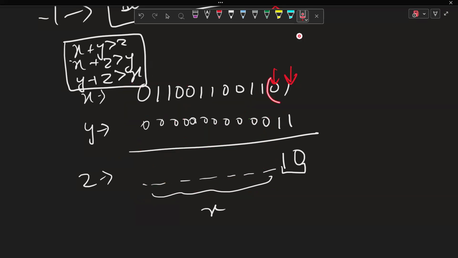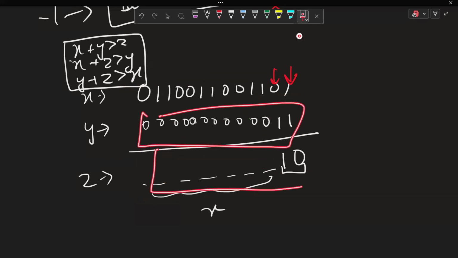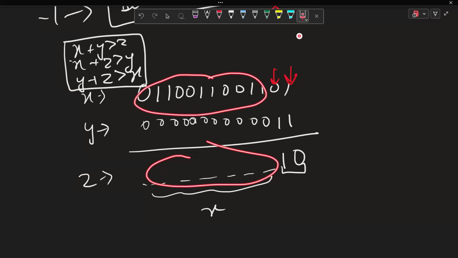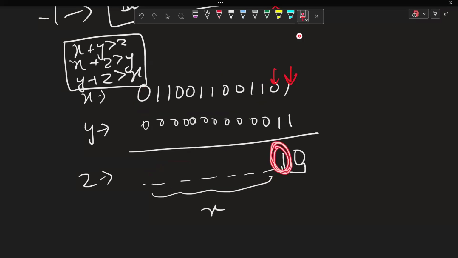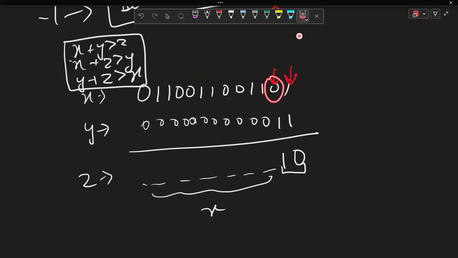Now, when you add the contribution of this, for this x, when you add y, the z that you get is the same as x up to this much, and this position is greater than x. This y has a 1 here. So when you add x plus y, for this position 0 plus 1, you get a 1.